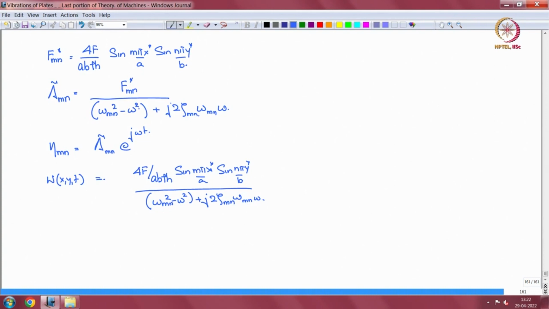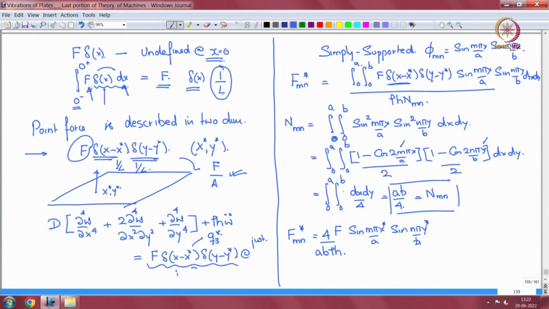This is gamma tilde mn into e to the power j omega t, that is eta mn now, and summation over m and n of eta mn into phi mn, so sin m pi x by A sin n pi y by B. So that's the story.